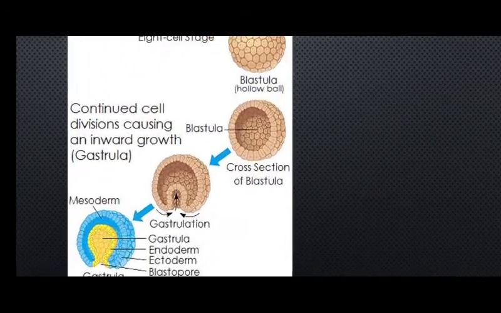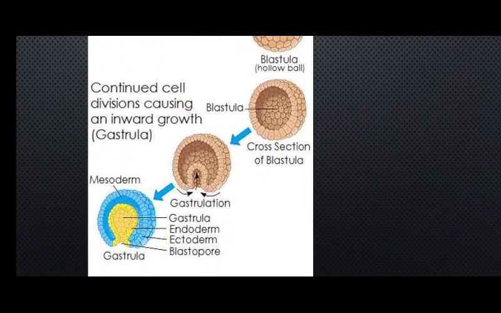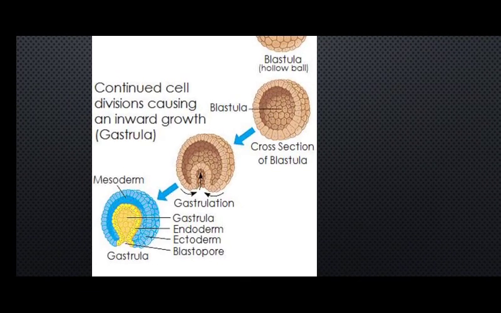You can see right here the inward cell growth, or continuous cell division on the inward side, which creates an invagination-type shape, and that invagination continues inside, forming an inner cavity. You can see the formation of a cavity within another cavity.